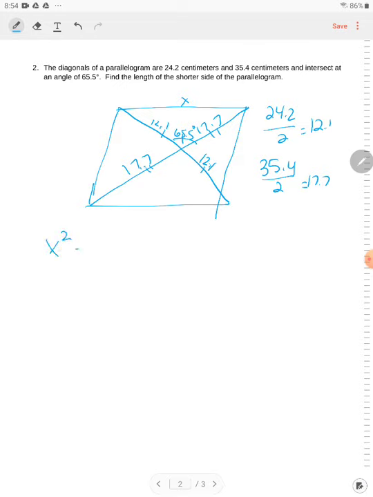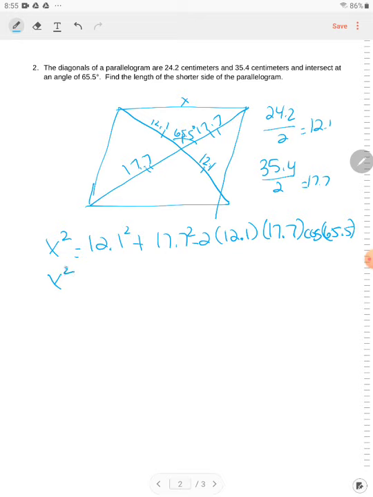So we know that x squared is equal to 12.1 squared plus 17.7 squared minus 2 times 12.1 times 17.7 times cosine 65.5.